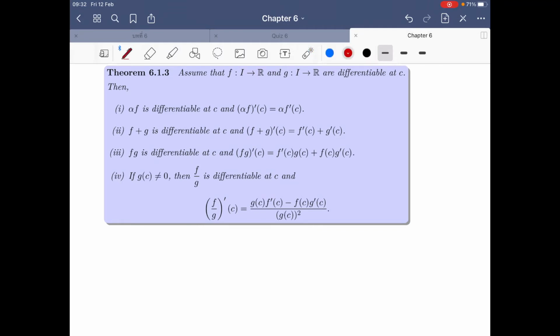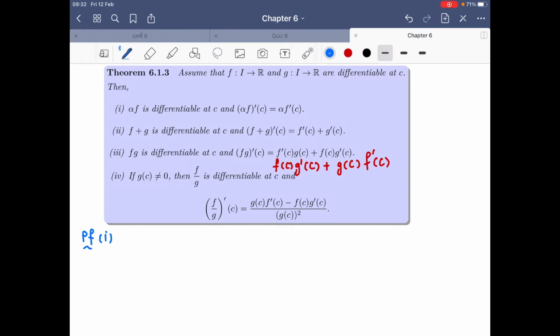It is not the same as your product, where you can have the first times the derivative of the second and the second times the derivative of the first in either order. Let us do the proof, and all the proofs that we are going to show you.